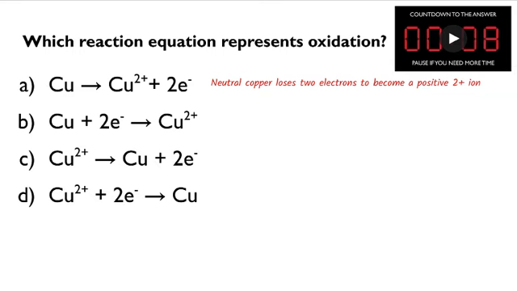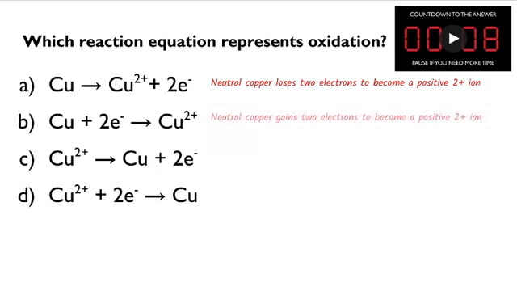I know that this neutral copper is neutral because there is no upper right-hand number on this first copper here in the reactant side. That means that the charge is 0, so it's neutral. And I know that this neutral copper is losing 2 electrons in this process because the 2 free electrons are on the product side, right? The electrons were presumably part of this copper and then were lost and are now separated by that plus sign.